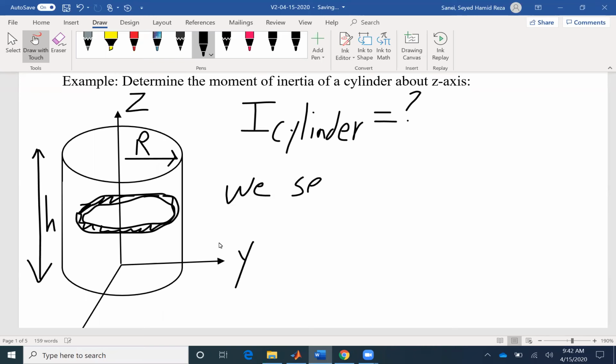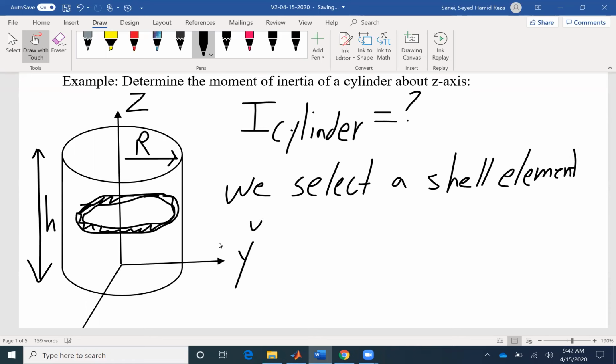So we select a shell element with thickness dy and distance y from the axis.